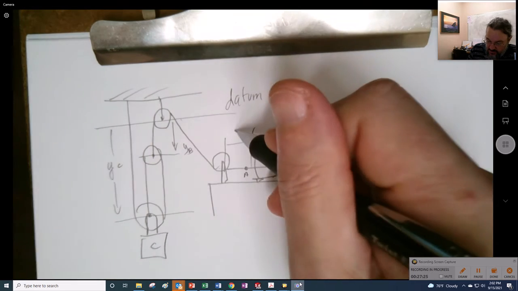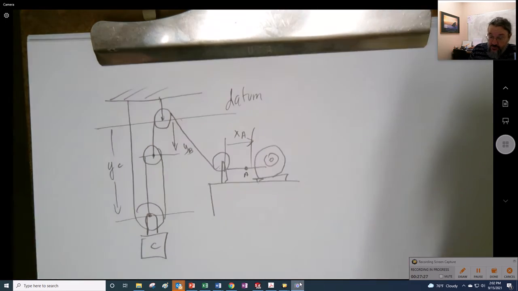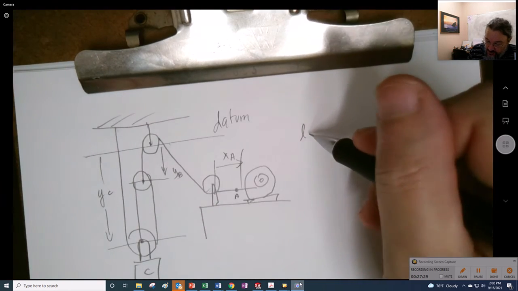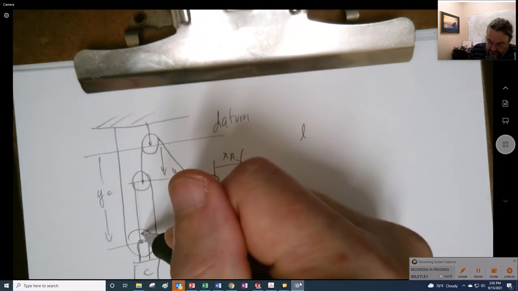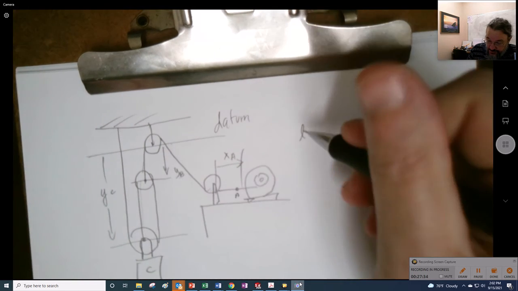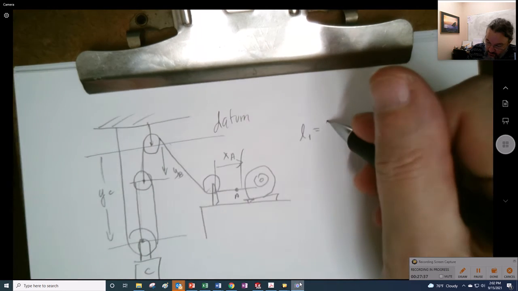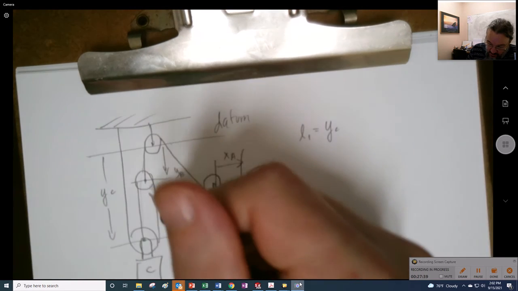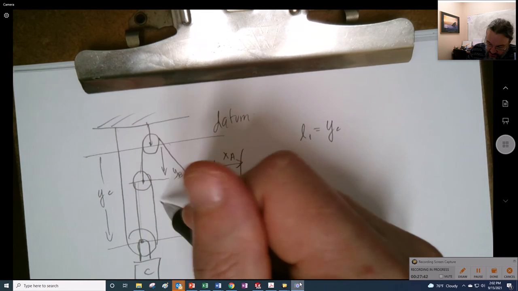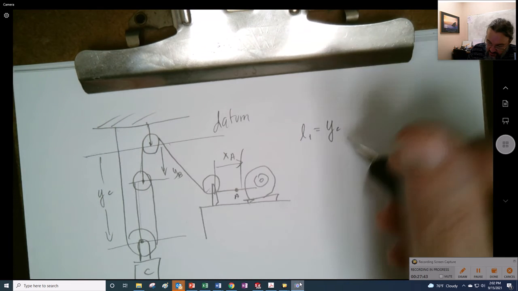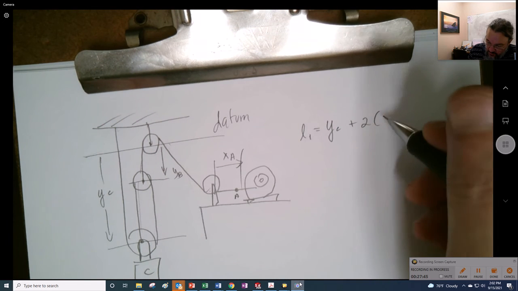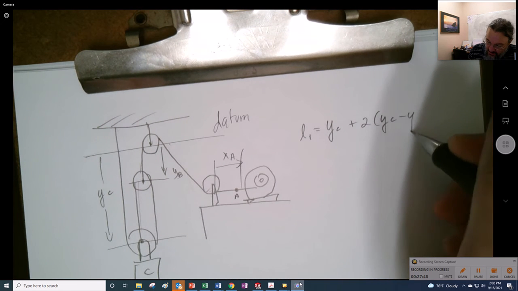Over to the side, I'll call this XA. There are 2 ropes here. On the first rope, we have YC, and then there are 2 of these, and both are YC minus YB.